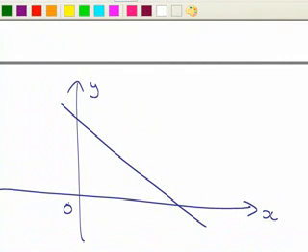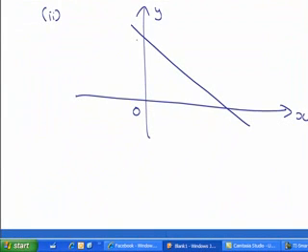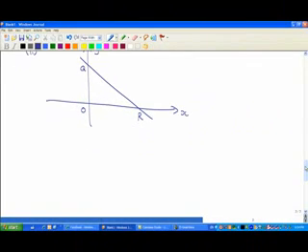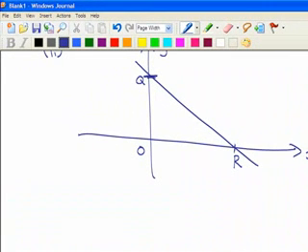Now, with this, I think we will be able to put in where is O, where is Q, and where is R. Now, if you look at this picture carefully, in order to find this area, what we need to do is just find out what this marking is and this marking is.